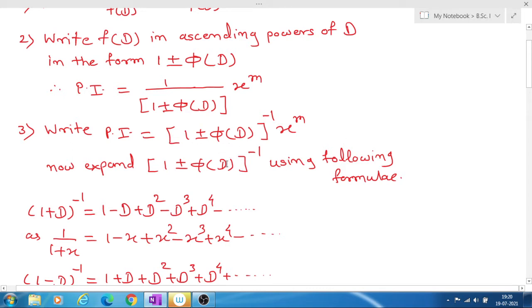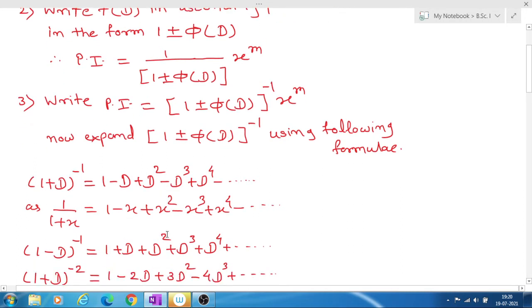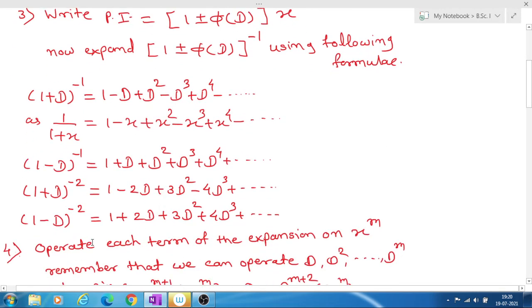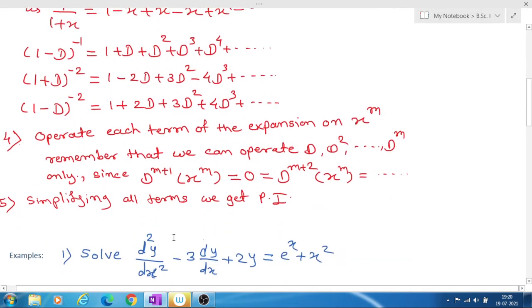So 5d means 5d may be equal to d, or maybe 2 terms like d plus d square, or maybe 3 terms. Whatever 5d may be, you have to substitute d by that 5d. Remember this.